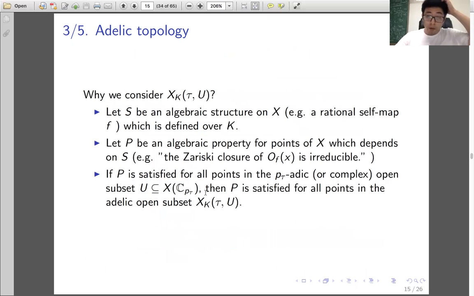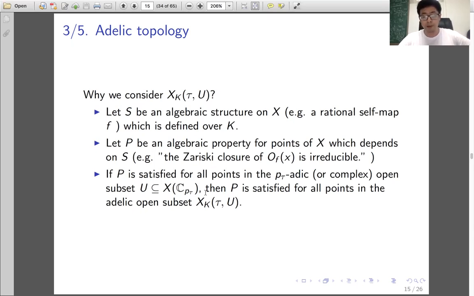I want to explain why we consider this subset X_K tau U, the adelic subset associated to tau and U. If S is an algebraic structure on X, for example a rational self-map f which is defined over K, and let P be an algebraic property for points of X which depends on S, for example, the Zariski closure of the orbit O_f(x) is irreducible.